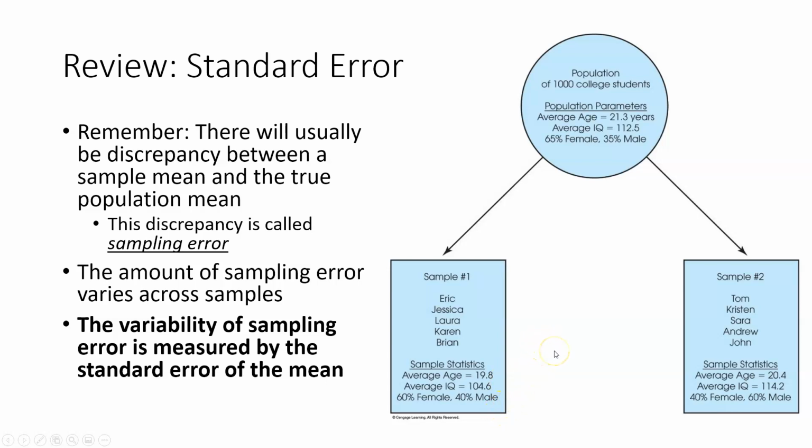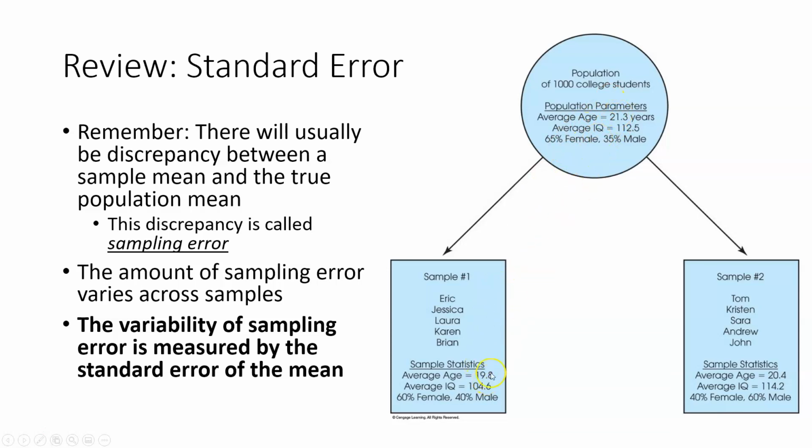Now I just want to review once more, back to the beginning of this presentation, the concept of standard error. Remember, there will usually be a discrepancy between a sample mean and the true population mean. If you have a population mean like this, the sample mean like this will not be the same as the population mean. This discrepancy is called sampling error.